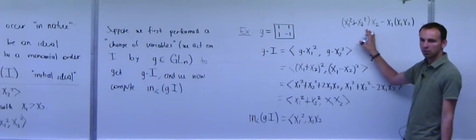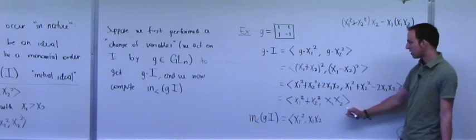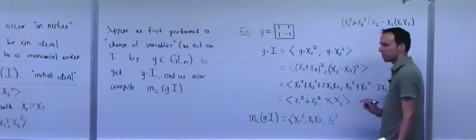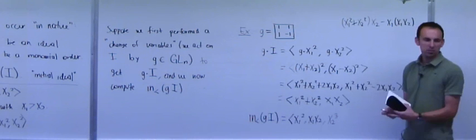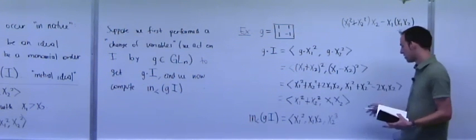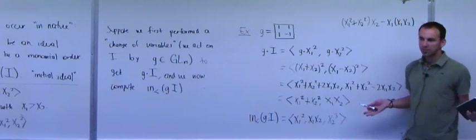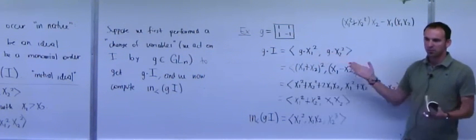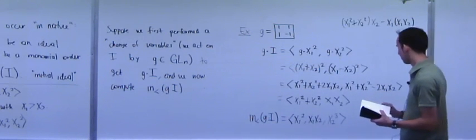Okay? So x2 cubed lives in this ideal, which means that its initial term, which is x2 cubed, lives here. Okay? And again, if you do this carefully, you'll see that this is a Gröbner basis once I have added this x2 cubed, which means that this is my initial ideal. Okay? And I got some different answer. And maybe that's not too surprising because so far there's no reason to believe that we should have gotten the same answer. Okay?